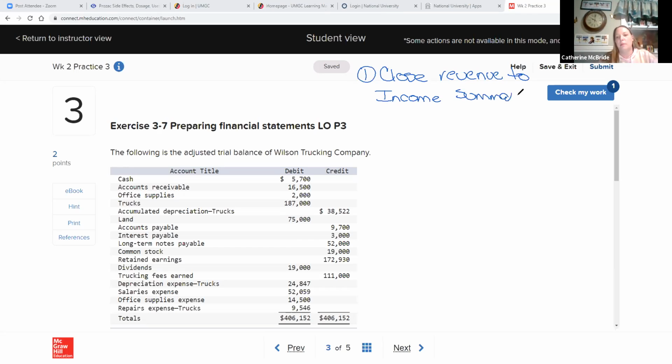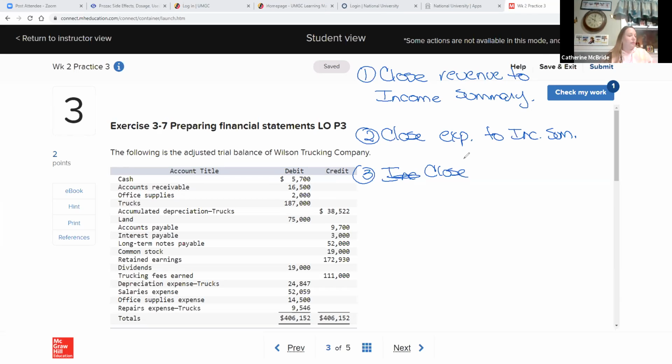I'll show you why. And then step two, we're going to close expenses to income summary. Three, we'll close income summary to retained earnings.